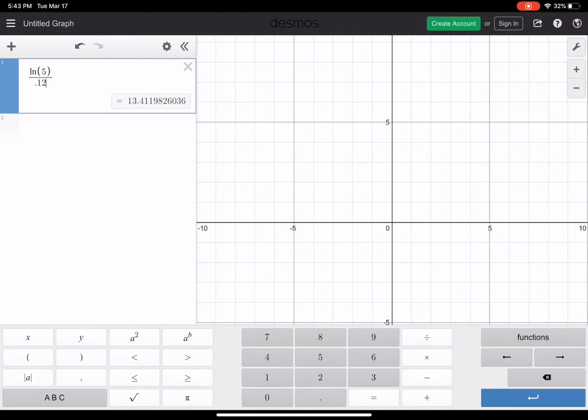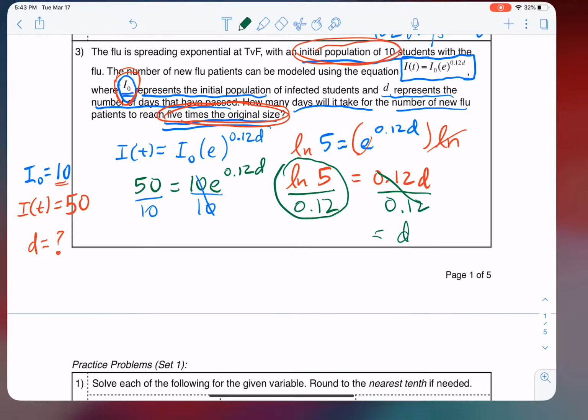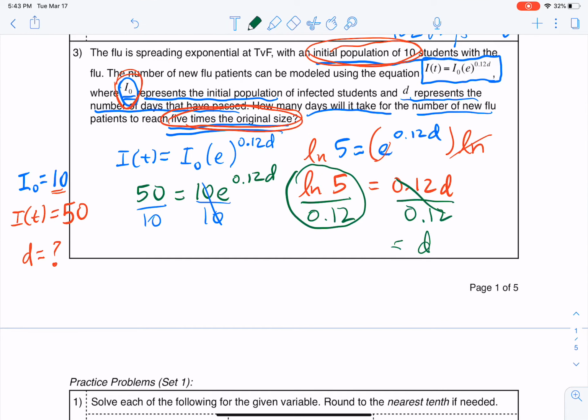I see 13.41198. Going back to the problem, it doesn't really say. It just says how many days will it take for the number of new flu patients to reach 5 times the original size. Well, let's then just say that it's about 13 days.